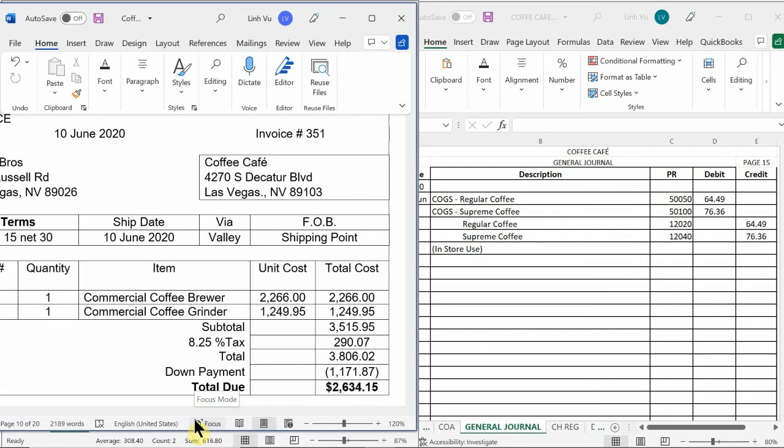Payment. How do we make a payment? Write a check.